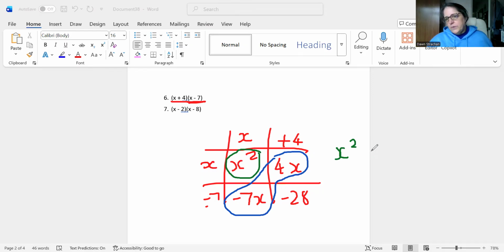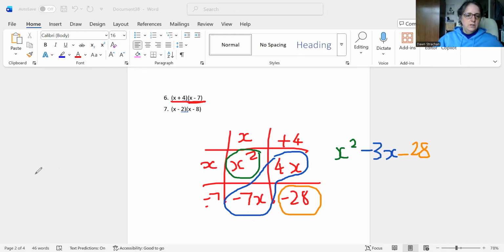So you don't do it. Okay, so x squareds are separate to x's, which are separate to the single digits. Okay, so we've got -7 plus 4 gives us -3x. And then we're left with a -28. So that goes by itself at the end. Okay, so once again, we've got exactly the same answer as before.